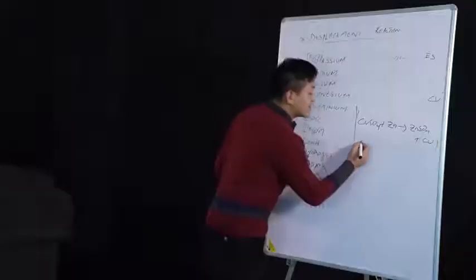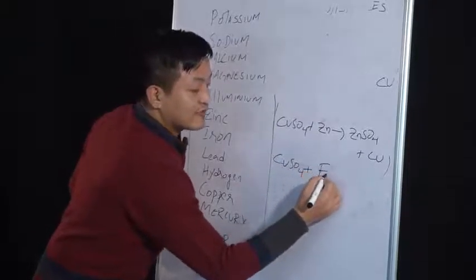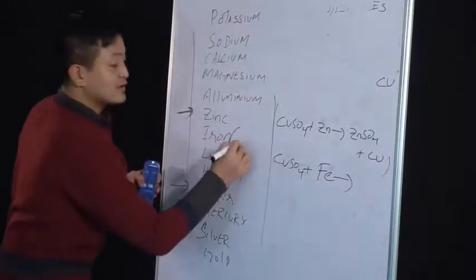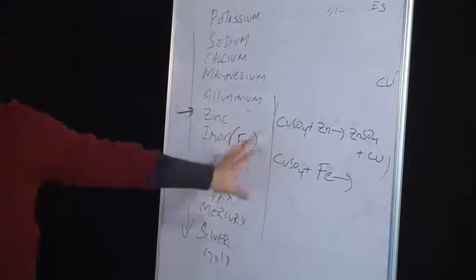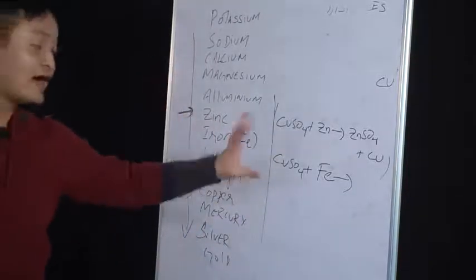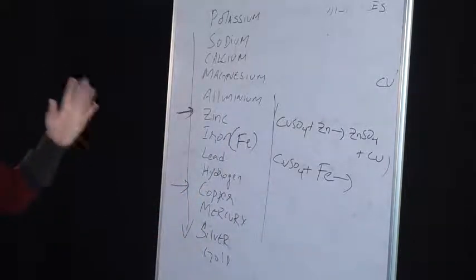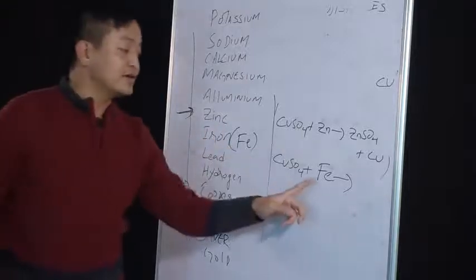Another example, let me give you copper sulfate and Fe. Fe is the chemical symbol for iron. So what will be the result if copper sulfate reacts with iron? Let's check from the reactivity series which one is more reactive, iron or copper.